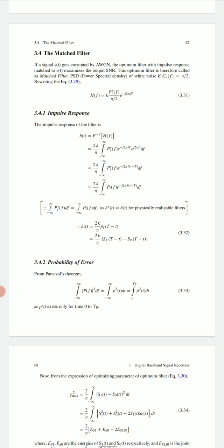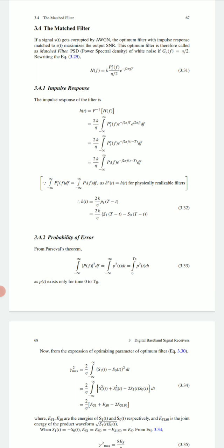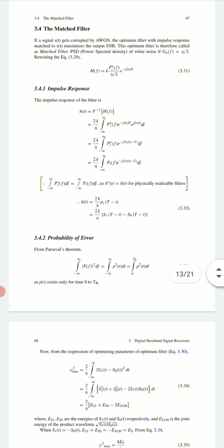There are a number of equations; you are supposed to see how we are taking the transfer function. So if we are using the optimum filter which will give us maximum SNR when input noise is Gaussian, we can say that it is a matched filter. For additive white Gaussian noise, Gn(f) or Sn(f) will be equal to N naught by 2.